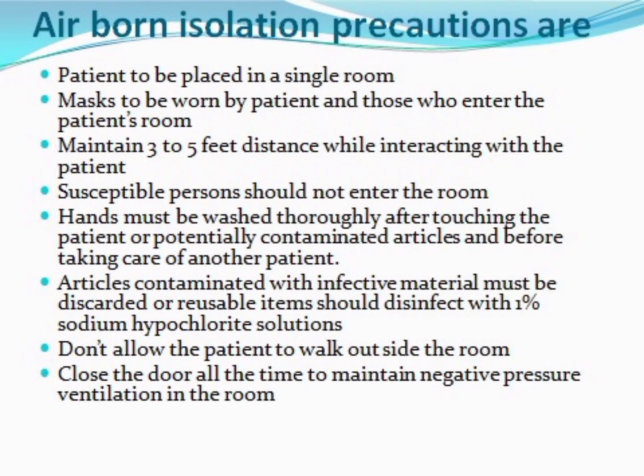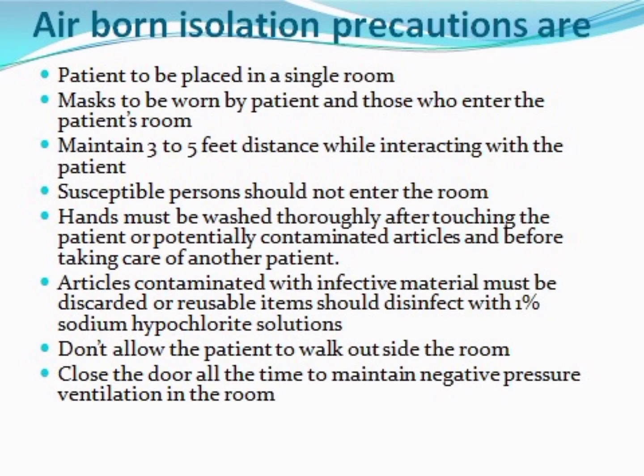Airborne isolation precautions: the patient is to be placed in a single room. Masks to be worn by the patient and those who enter the patient rooms. Maintain 3 to 5 feet distance while interacting with the patient. Susceptible persons should not enter the room, and hands must be washed thoroughly after touching the patient or potentially contaminated articles and before taking care of another patient.